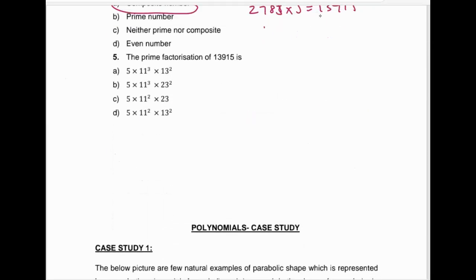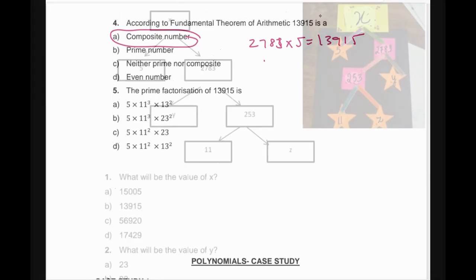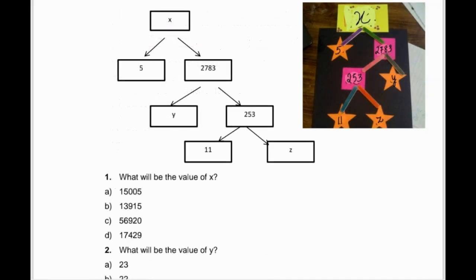Then the prime factor of 13915. What will be the answer? Here x was 5, y was 11, and z was 23. So here they are asking you to find the factors of the given number, that is 13915.